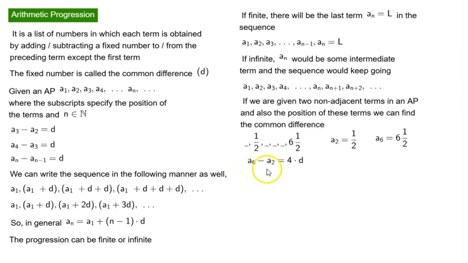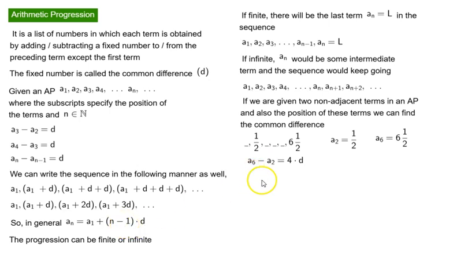Now A sub 6 minus A sub 2 is equal to 4 times D. How did we arrive at this? Because remember here, second term A sub 2 is equal to A1 plus 2 minus 1 D, that is 1D. And in case of A sub 6, it is equal to A1 plus 6 minus 1 D, that is 5D.